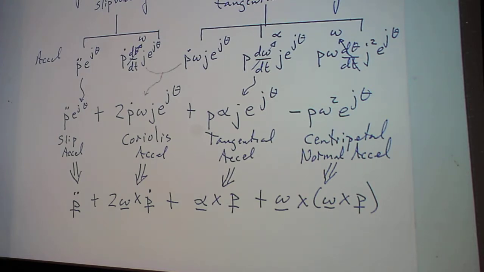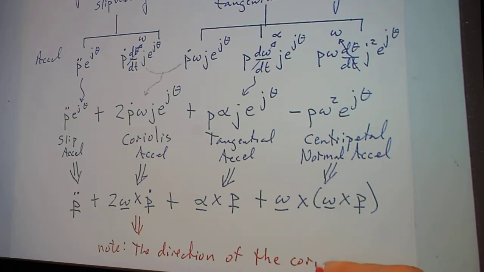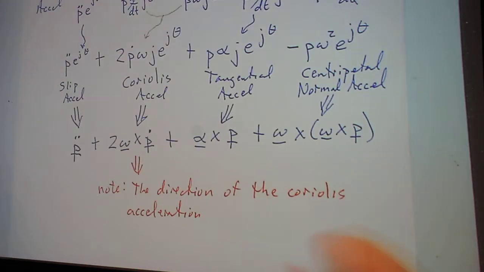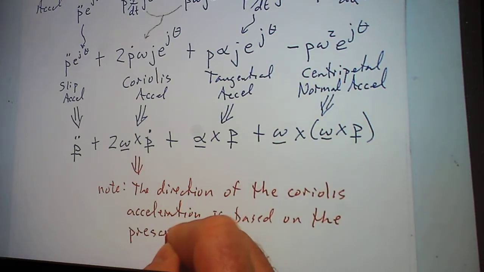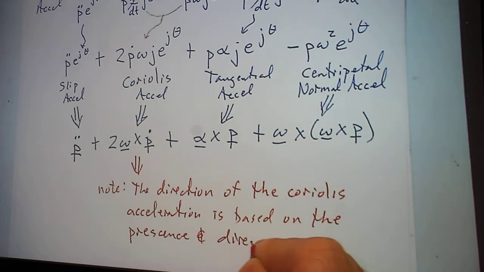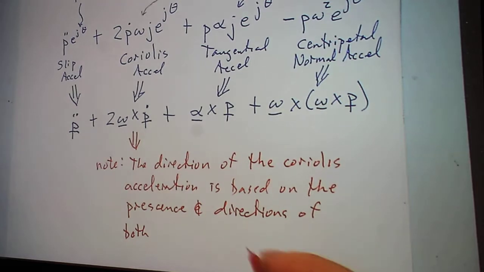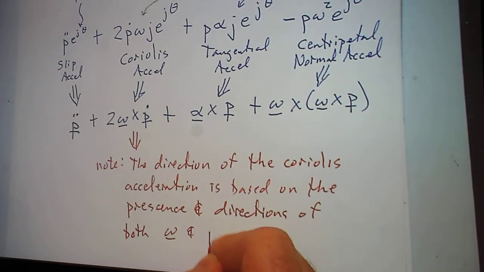All right. So on this right here, I want you to note the direction influence of the Coriolis acceleration is based on the presence and directions of both omega and P dot.